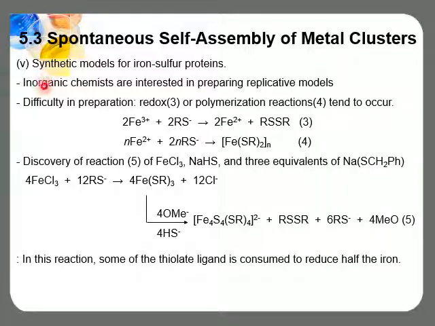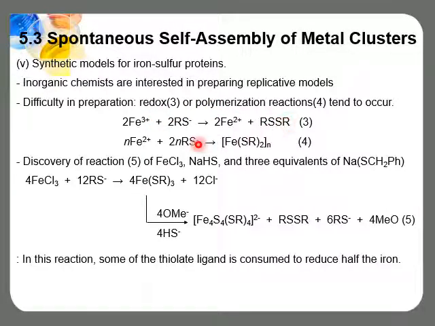You know that inorganic chemists are quite interested in preparing replicative models, and they always want to synthesize the biomimetic things. But the iron-sulfur cluster found in proteins cannot be prepared easily because of the redox reactions and the polymerization reactions.